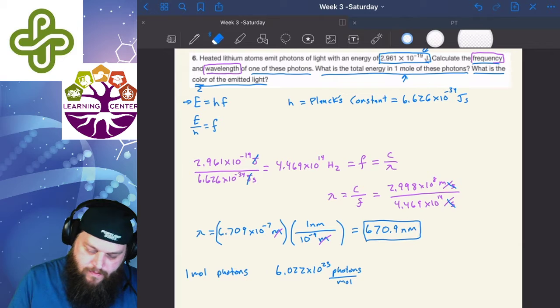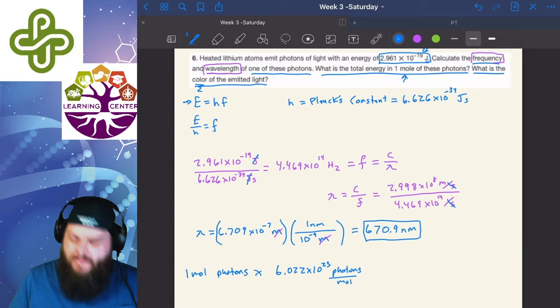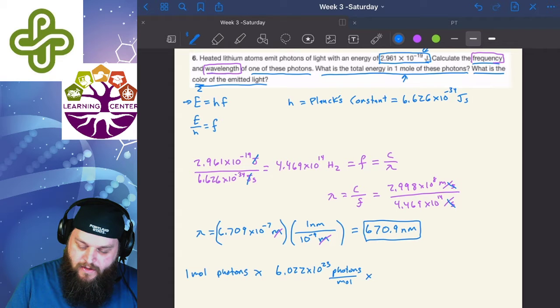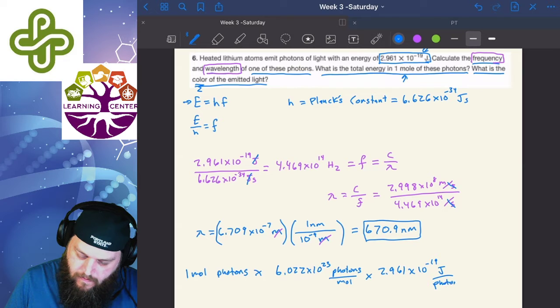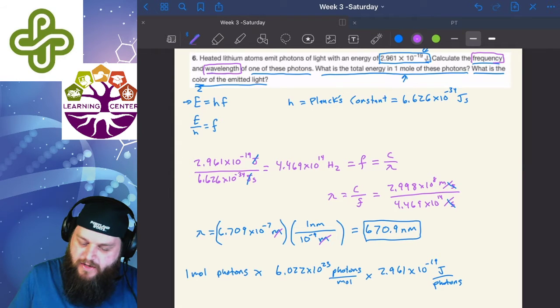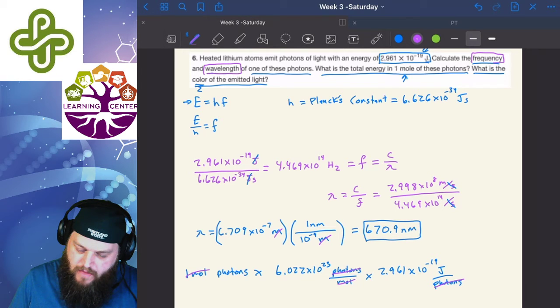And really, I can say 1 mole of photons times that is how many photons there are per mole, times 2.961 times 10 to the negative 19 joules per photon. I wrote in a few extra units there, but really it's so we can cancel out my photons. I can cancel out my moles, and I'm left with joules.